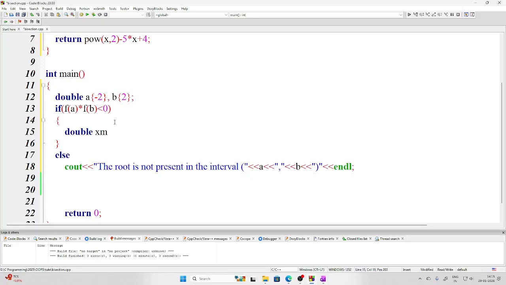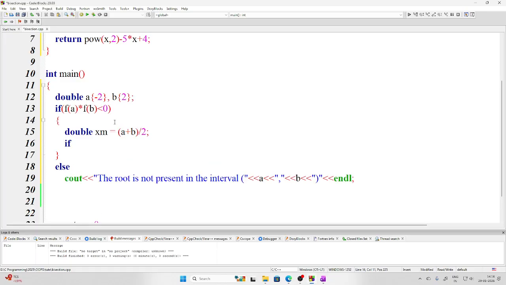So let us declare one variable xm, and this is the average of these two values. Once this is done, you have to check first that the magnitude of fxm is close to 0. So if the absolute value of f at xm is less than, let's say, some epsilon.